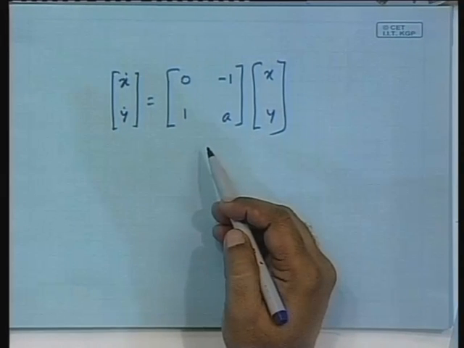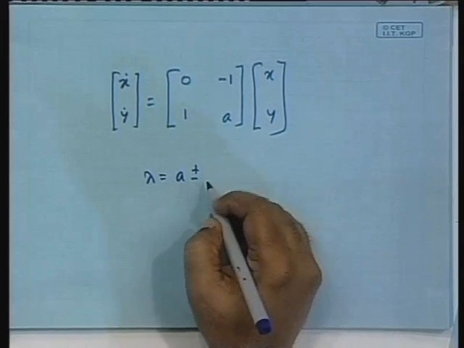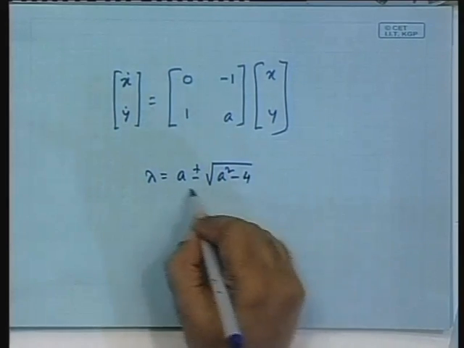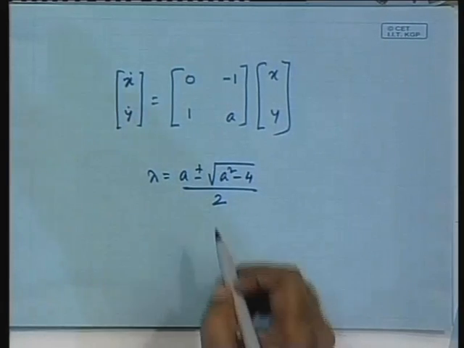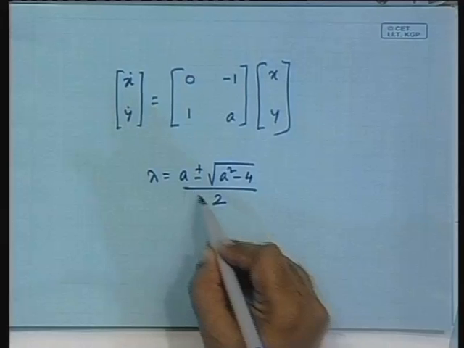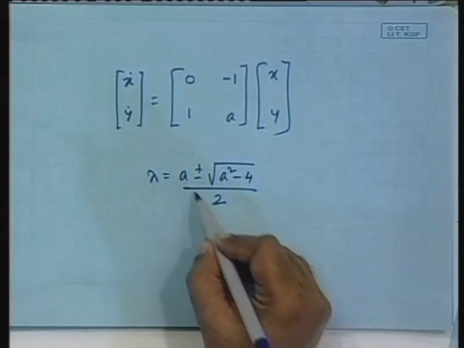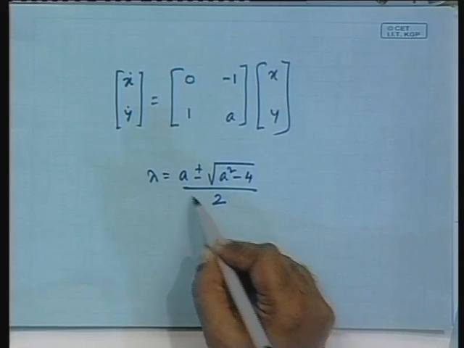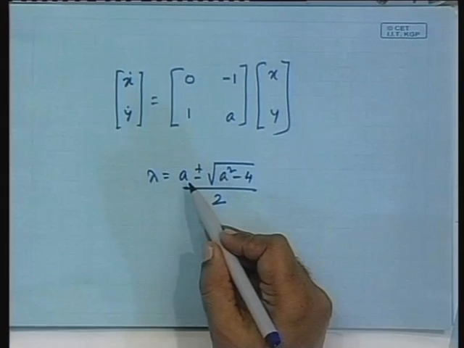Lambda is a plus minus square root of a square minus 4, over 2. Good. And the condition for stability is this term: the real part should be negative, then it is stable, else it will become unstable. So, you can easily see that it will become unstable at a equal to 0.